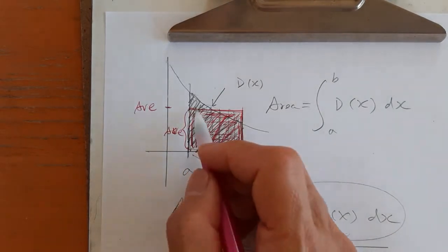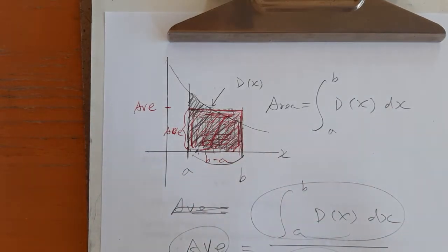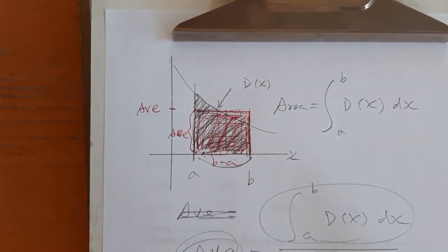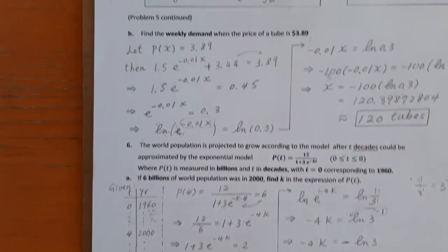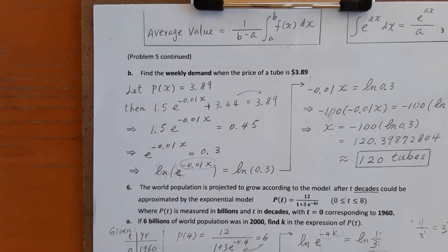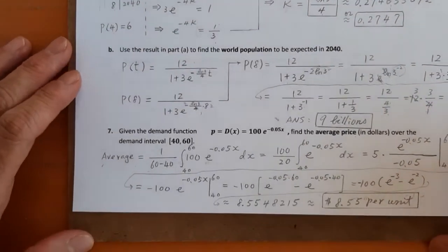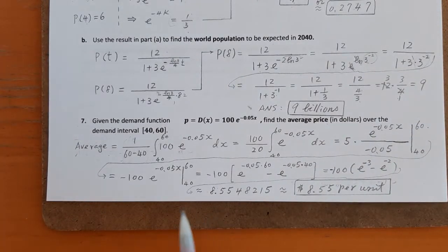The function is constant. So that's the average value formula. For this one, you take the integral of the function and then divide it by the base.